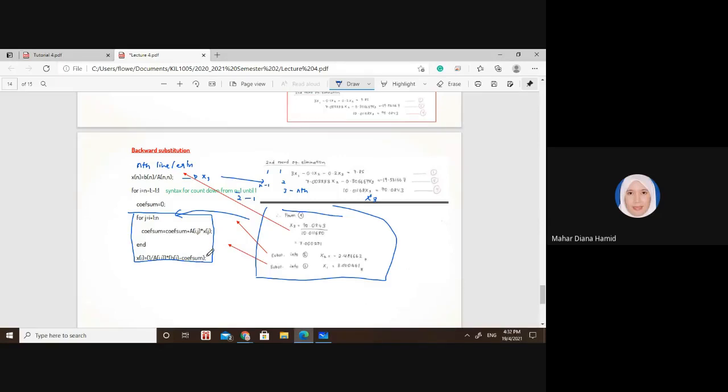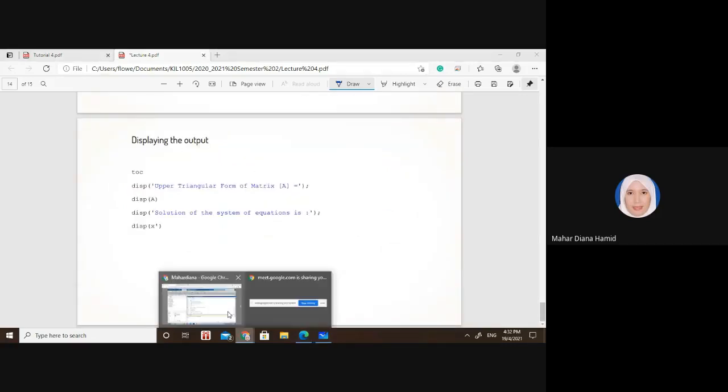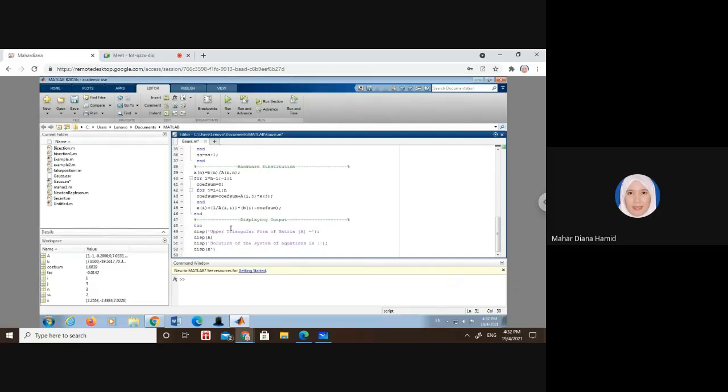So if you want to see in detail, you may, but it's a bit complicated. It's actually a syntax for you to obtain the value of x2 and also x1. And then you will display the output, where this is where we are going to stop the TIC function previously.